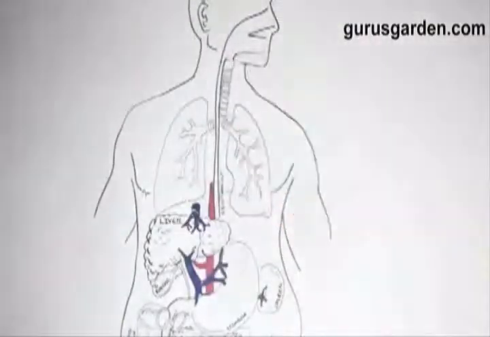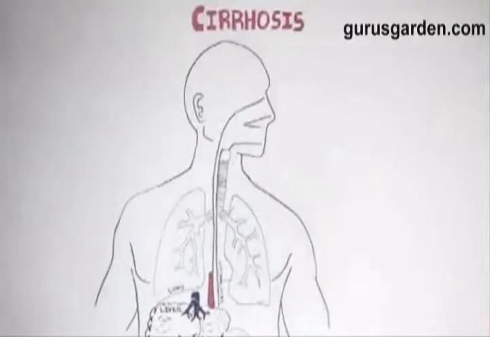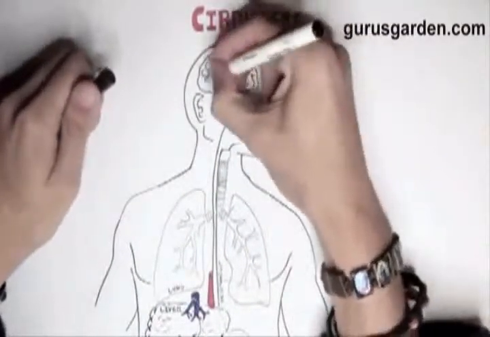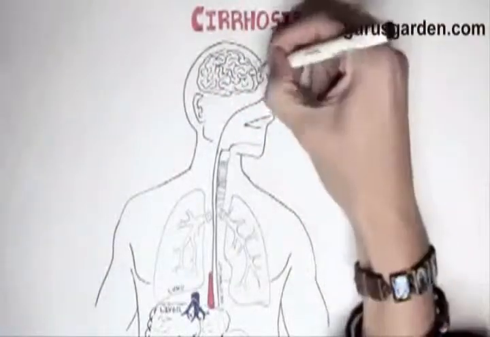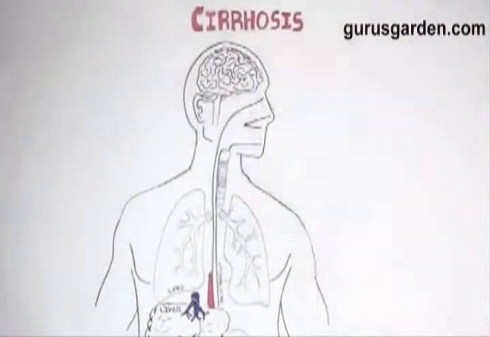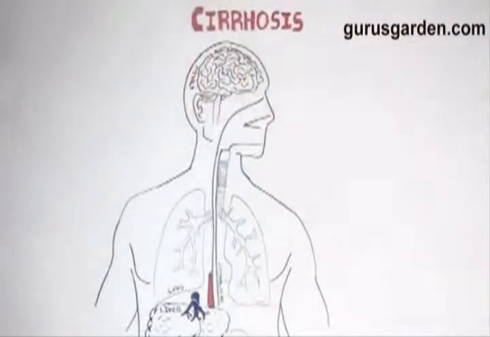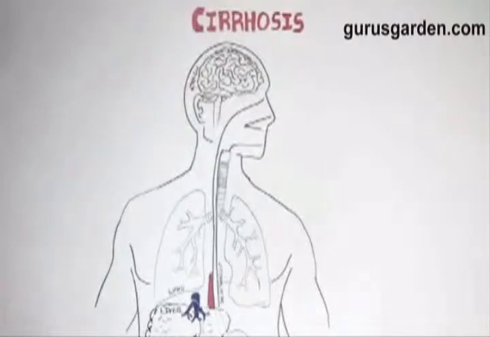When the blood flows backwards towards the esophagus, it can cause esophageal varices. Esophageal varices is caused by portal hypertension, when we have blocking of blood flow through the liver, through the portal vein. And this will result in increased pressure in the portal vein.